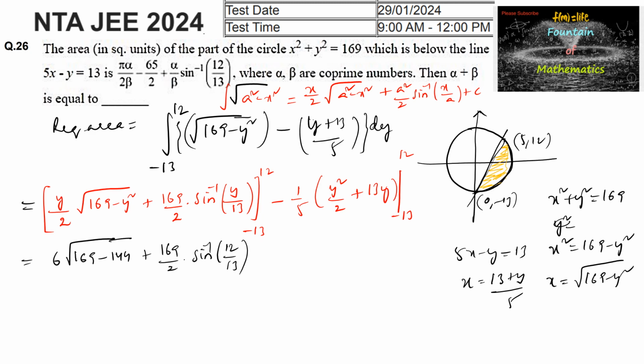This is the upper limit, minus the lower limit, that is minus 13 by 2 under root of 169 minus 13 square, which is 169, so it is 0, plus 169 upon 2 sin inverse of minus 13 upon 13, that is minus 1.